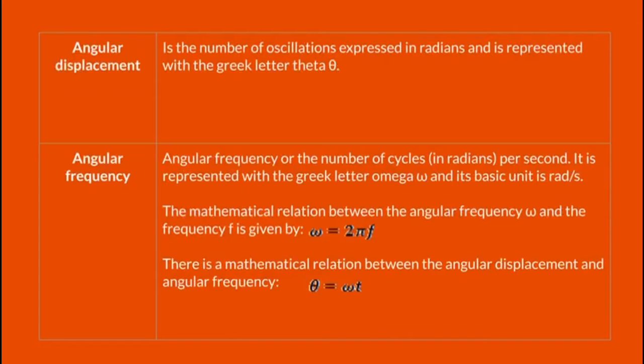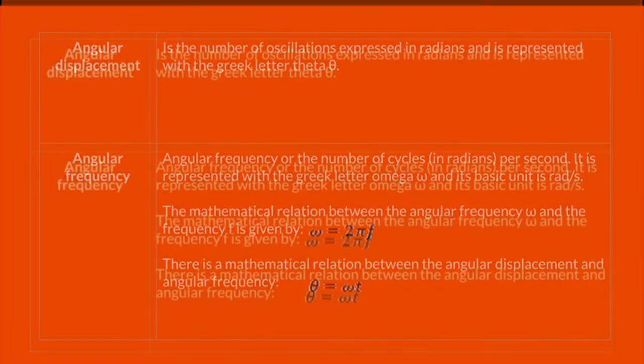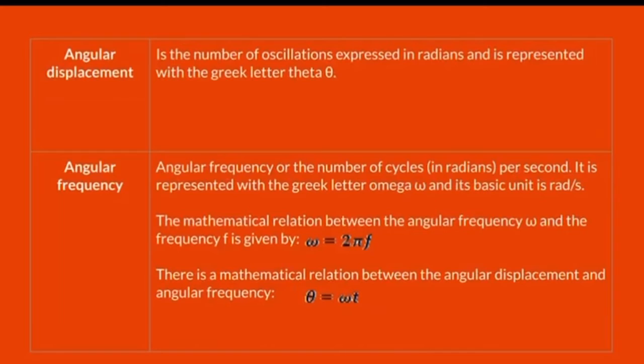And lastly, angular frequency, which is represented by the letter omega, and its units are radians over seconds. This is the number of cycles per second. And here are some formulas that also show us the relation between angular frequency and angular displacement.